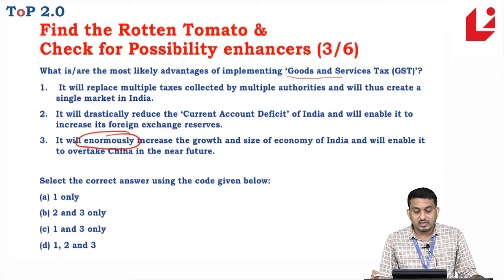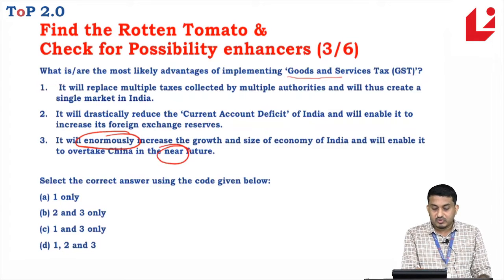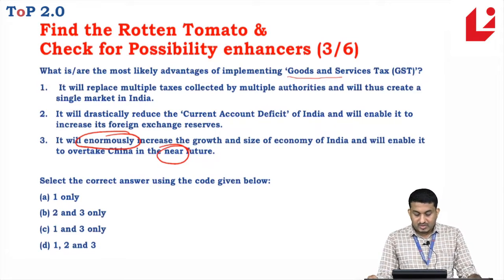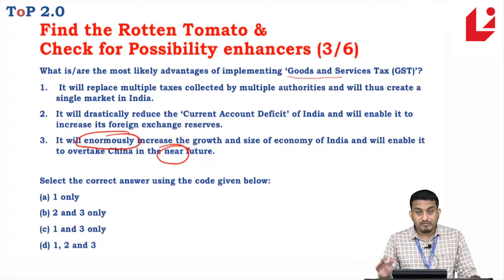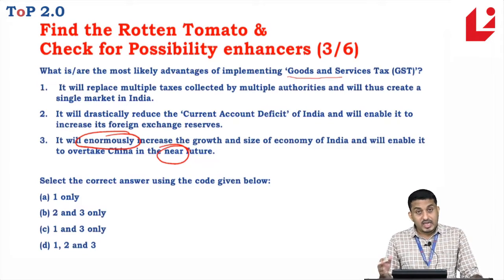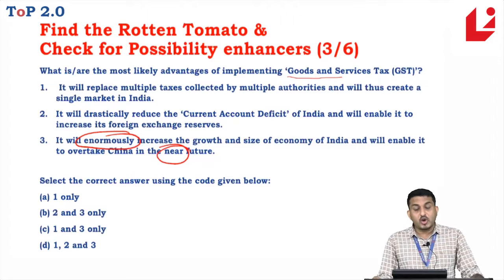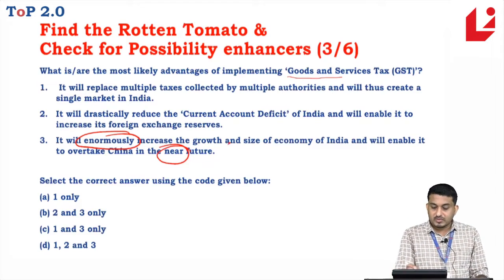Enormously increase the growth and size of economy of India and will enable it to overtake China in near future. Near is also a rotten tomato. In future this may happen, but in the near future it is not possible. Increase is possible, but enormous increase is not possible. Getting it? So this statement is wrong.